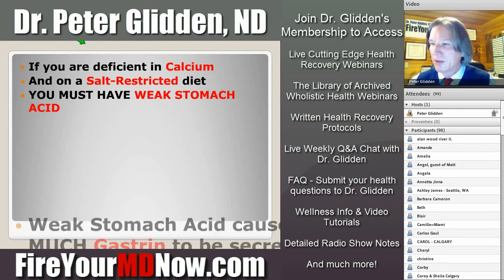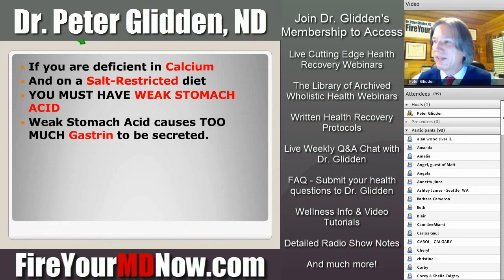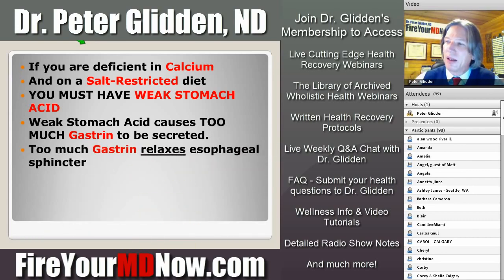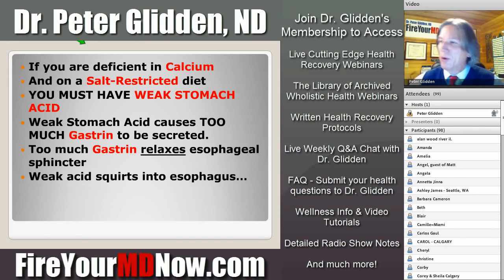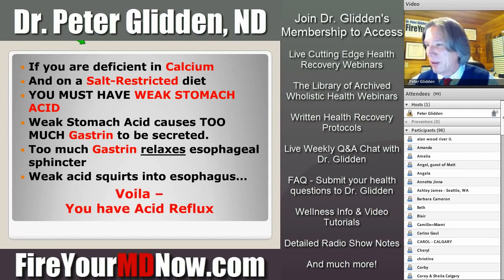It's par for the course. Weak stomach acid causes too much gastrin to be secreted. Too much gastrin relaxes that valve at the top of the stomach. And when you relax that valve at the top of the stomach, acid squirts up into the throat, and you get heartburn. That's how you get heartburn.